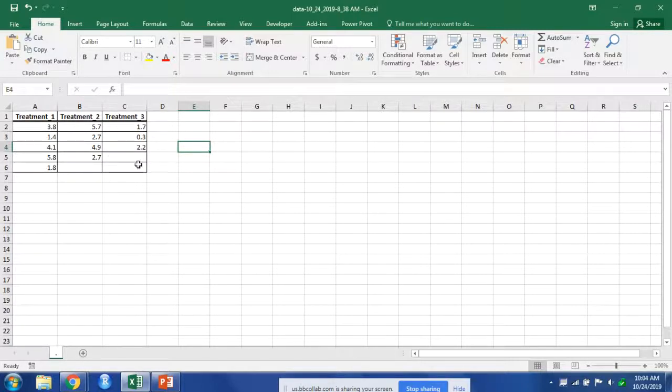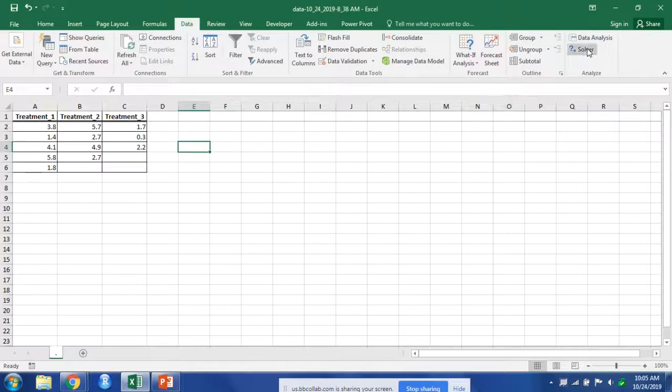So we have 3 treatment groups. We have how long it took each of them to learn the skill, and we can calculate analysis of variance, saying that basically our null hypothesis is that all the treatment methods are the same and produce the same results.